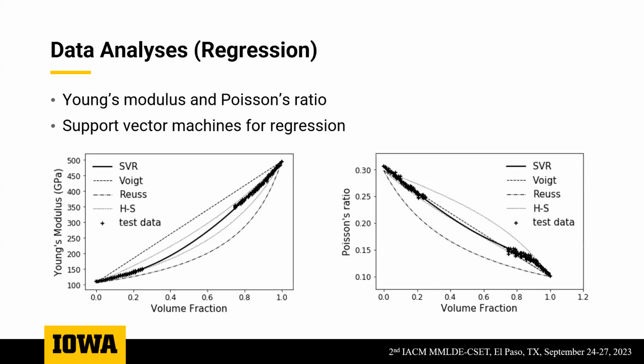After we collect the data, we do the data analysis using support vector machines to generate the regression model to predict the Young's modulus and the Poisson ratio, and compare with the test data as well as some theoretical analysis. Here we can tell the Young's modulus and Poisson ratio don't have much uncertainty in the data set.